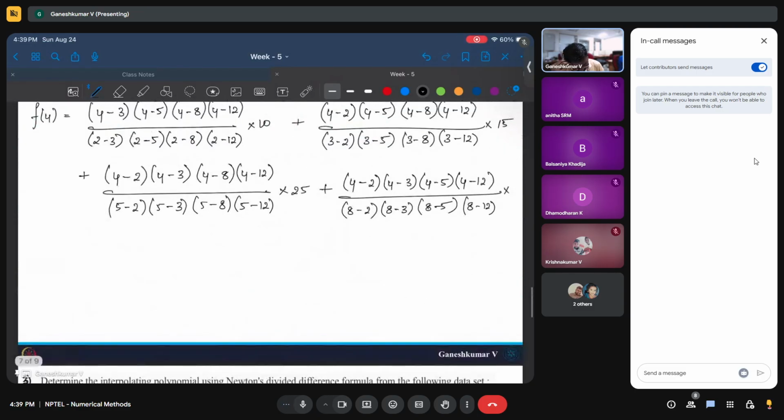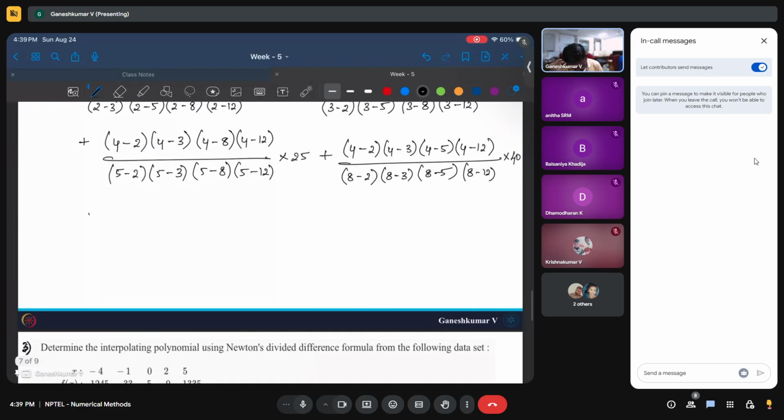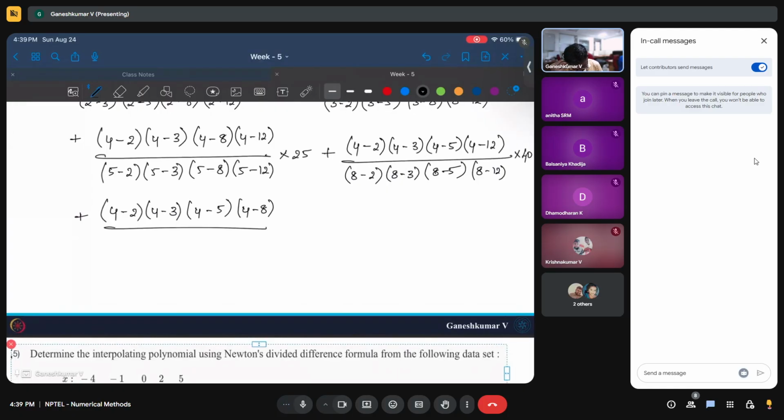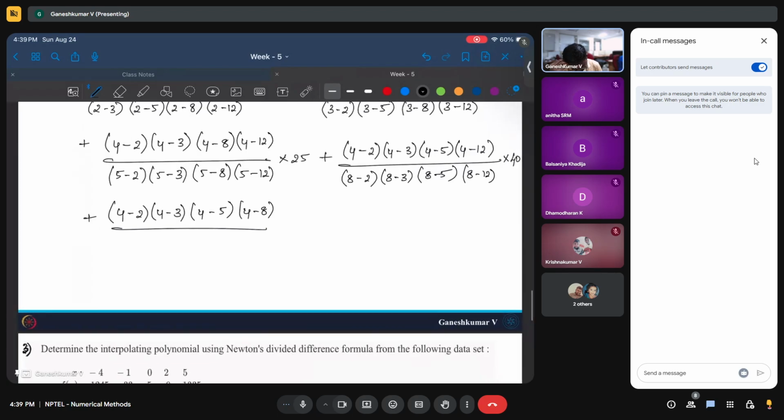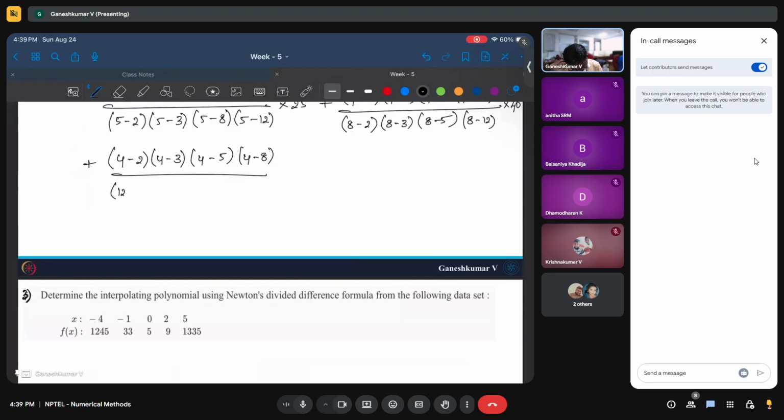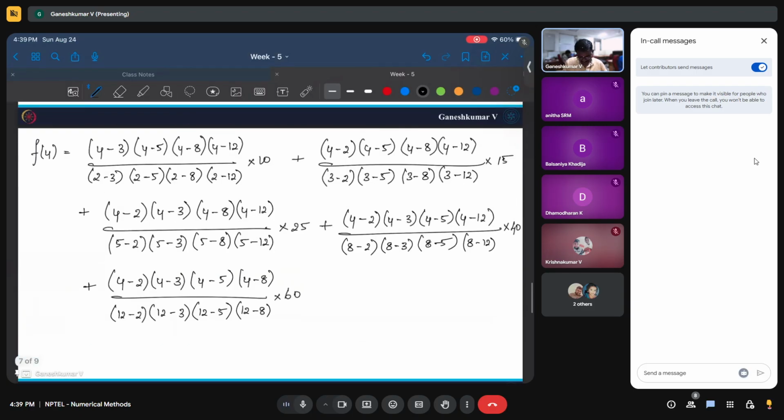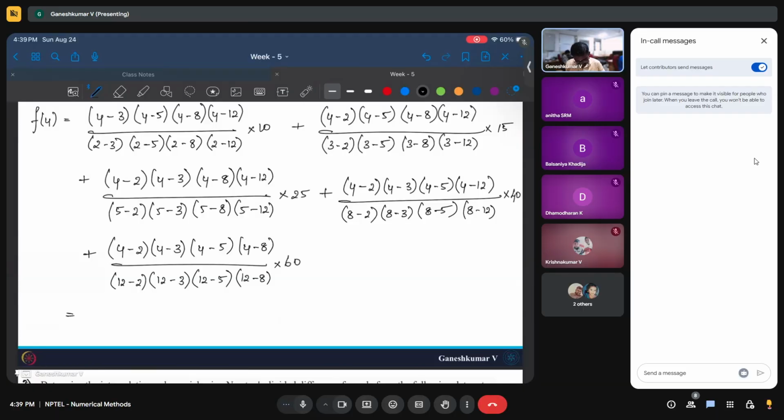This is 40 plus 4 minus 2, 4 minus 3, 4 minus 8, 4 minus 5, divided by 12 minus 2, 12 minus 3, 12 minus 5, and 12 minus 8, multiplied by 60. Now you just need to do this calculation.